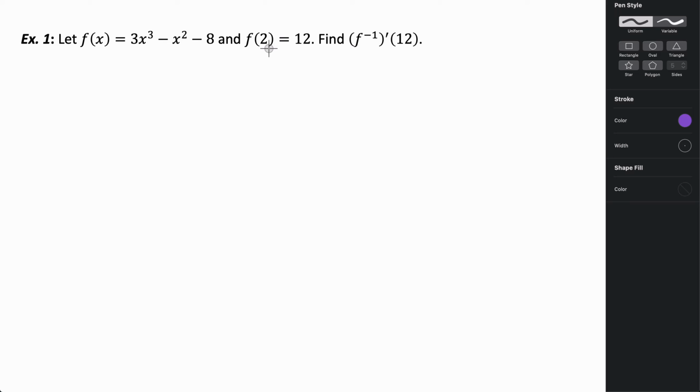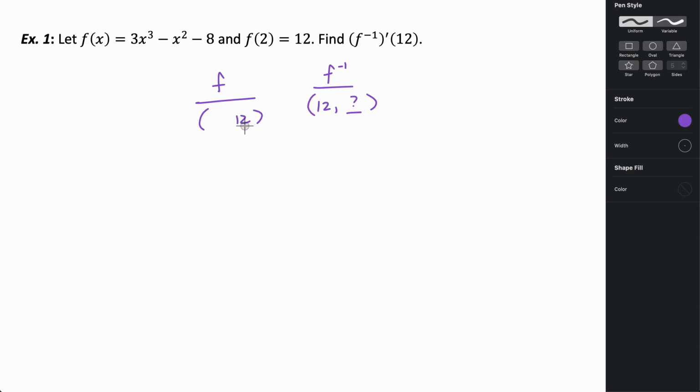And we would have to figure out what the input would be that would give us this in the original function. So the way that we would do that is we'd think to ourselves, okay, I'm trying to find the derivative of my inverse function at 12. So if I'm considering the inverse, when the input is 12, I don't really know the output, but I know that this input here would be the output for f.